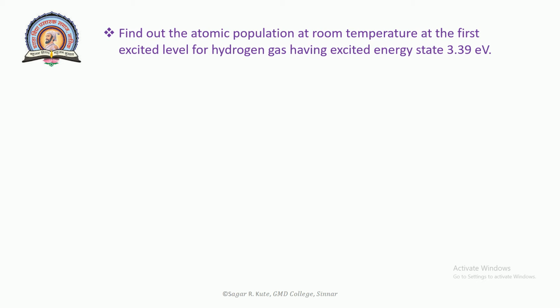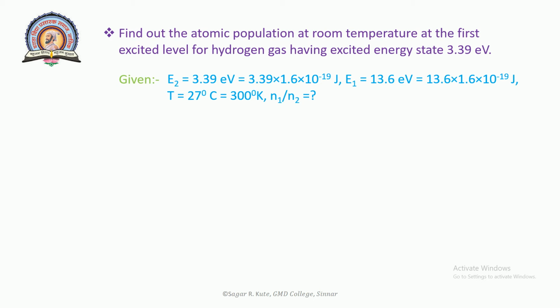Now next example: find out the atomic population at room temperature at the first excited level for hydrogen gas having excited energy state 3.39 electron volt. In this numerical, E2 is equal to 3.39 electron volt, that is 3.39 into 1.6 into 10 raised to minus 19 joule.